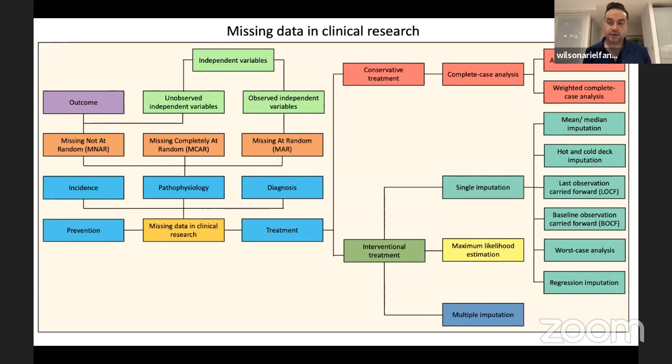We are going to run a regression model in 10 minutes or so in our Stata.